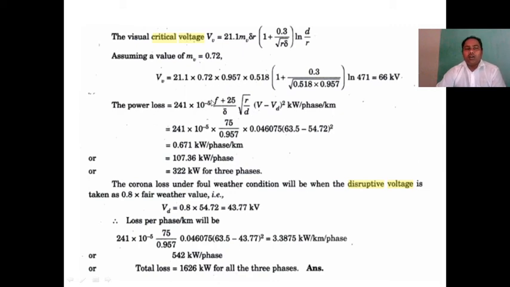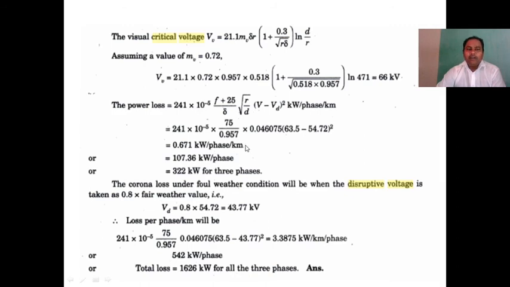Already we found these. Next is power loss. What is the power loss formula? 241 into 10 power minus 5, f plus 25 by delta, root of r by d, into (V phase minus Vd) whole square, kilowatt per kilometer per phase. Substituting all the values, we get 0.67 kilowatt per phase per kilometer.